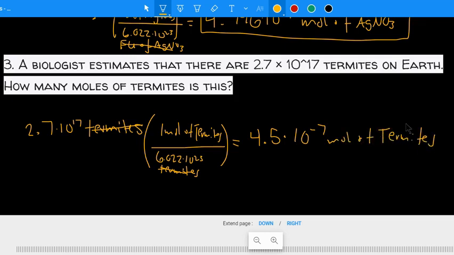Now remember, when you are dividing by an exponent, a way to double check your answers, you were taking this divided by that. You could take 17 minus 23, and that should be what your exponent actually is, or at least close to. All right, circle or box your final answer.